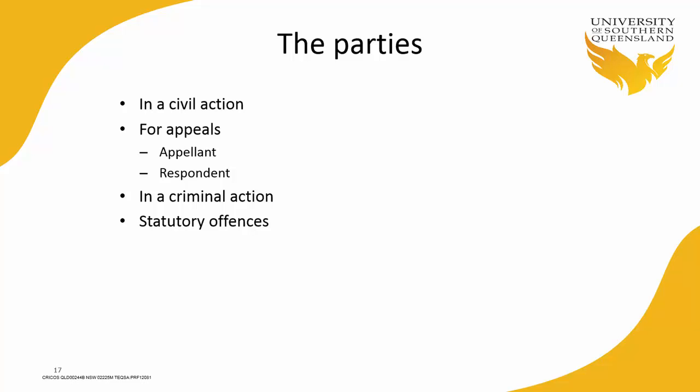So there are a number of statutory offences that are really called crimes of strict liability, i.e. crimes where the two elements of a crime are not required. Basically, there's only one element, which is what's known as the actus reus, or the wrongful act, and the intention, which is the mens rea, or the wrongful mind or guilty mind, is not required for these strict liability crimes, or what we simply call statutory offences.